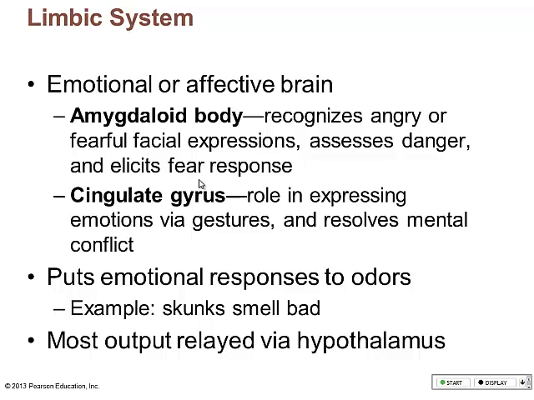Assess danger. Some of us don't have good processing in our amygdaloid bodies of the limbic system. So we ignore danger and fear and just go and do it anyway. Gestures, mental conflict.